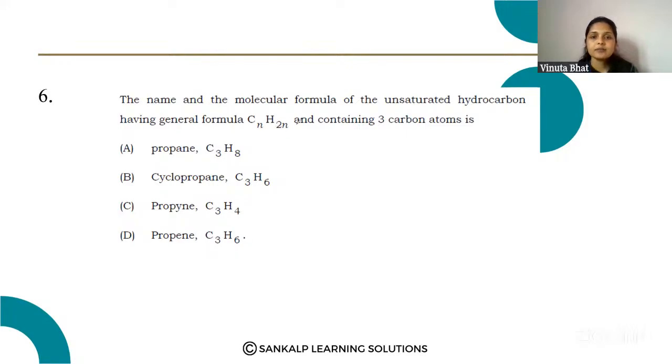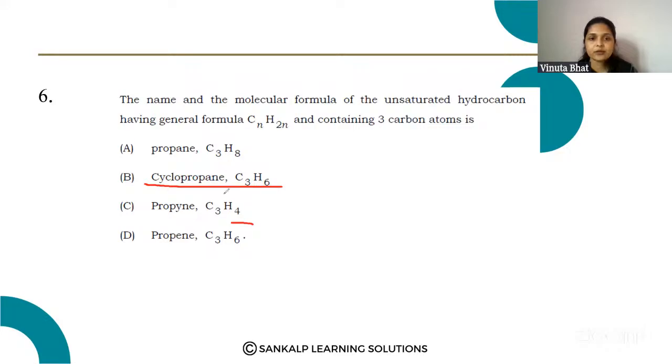See here, C3 is given, 3 carbon atoms, so C3H(3 into 2), that is C3H6. C3H6 means that is not a cyclopropane.